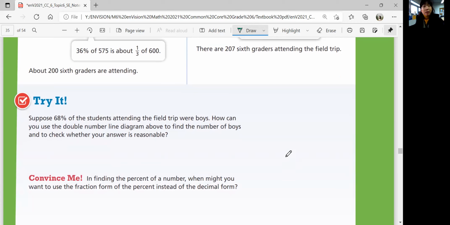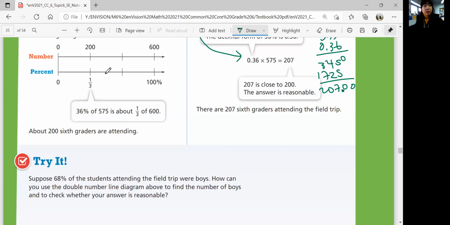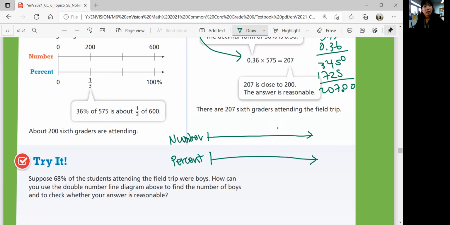Suppose 68% of the students attending the field trip were boys. How can you use the double number line diagram above to find the number of boys and to check whether your answer is reasonable? So you have a bar representing the number and another one representing the percent. 100% is now what? It's the same students, right?